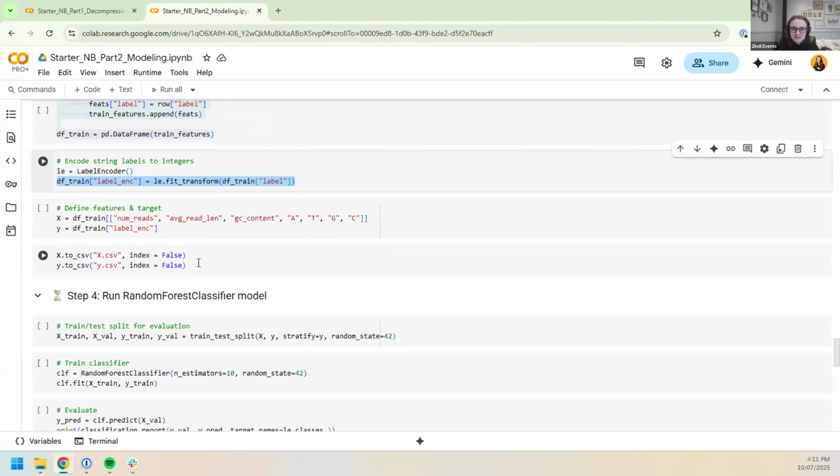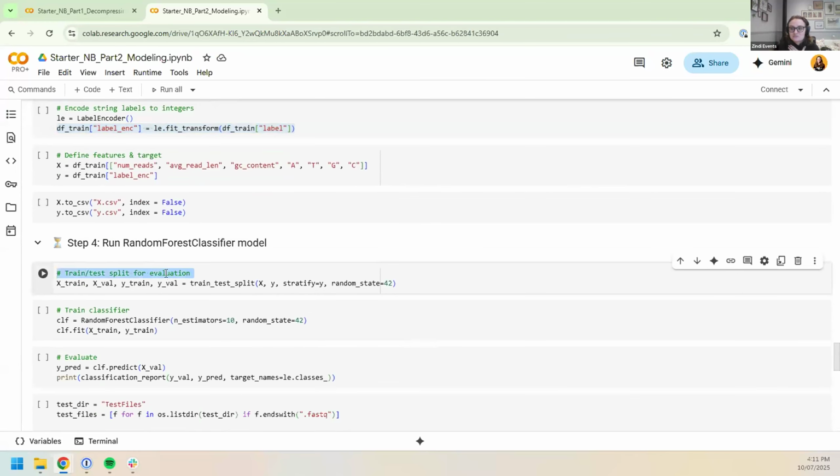Now we can get into something that we're comfortable with. So we're going to define our features and targets. We're going to split them into a train and test ourselves. Remember that Zindi has a separate test. So we're just splitting it up into our X, Y. Now, here we do our train test split for evaluation.